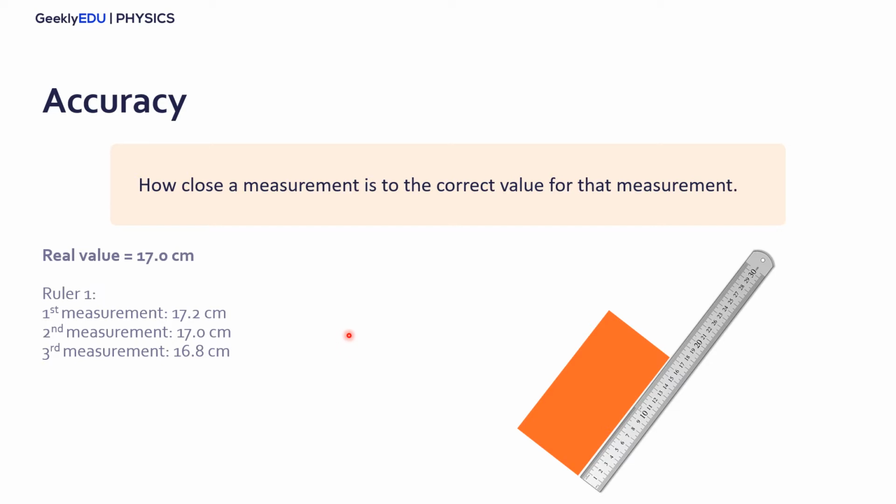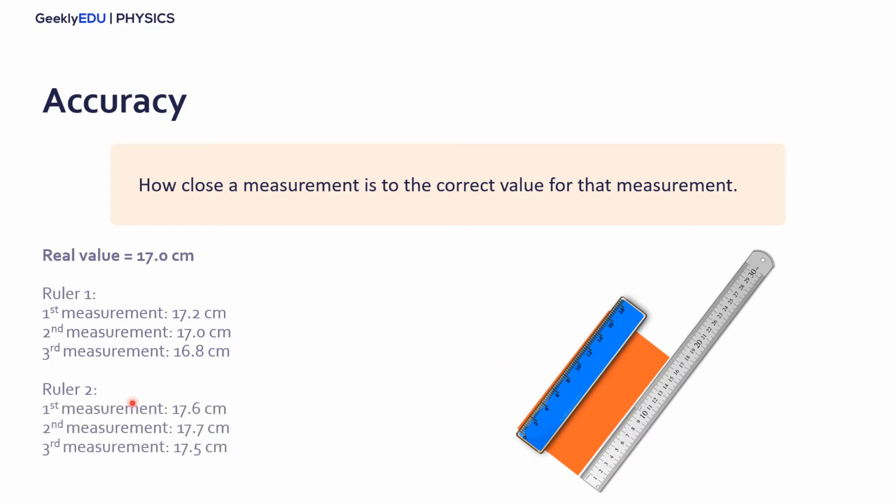Then we take another ruler, a different ruler, ruler number 2, and do the same thing, measure it 3 times. And we got these results here: 17.6, 17.7, and 17.5. We can see that for ruler number 1, the measurement varies 0.2 centimeters from the real value.